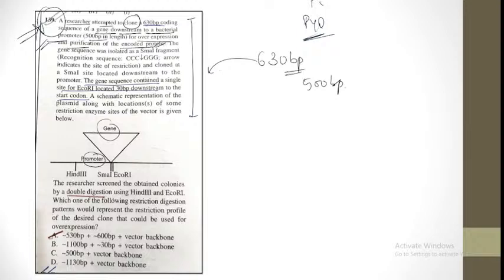The gene sequence was isolated as a small fragment. Over here we have the recognition sequence. The arrow indicates the site at which the restriction is done. Now a double digestion was done. Double digestion is when two enzymes are used, which are HindIII and EcoRI. So the question is, which one of the following restriction patterns?